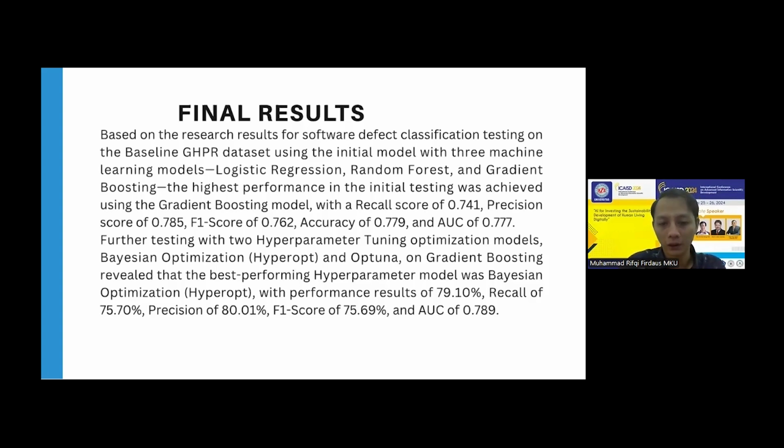Further testing with two hyperparameter tuning optimization models, Bayesian Optimization or Hyperopt and Optuna, on gradient boosting revealed that the best performing hyperparameter model was Bayesian Optimization or Hyperopt, with performance results of 79.10% for the accuracy score, recall of 79.70%, precision of 80.1%, F1 score of 75.69%, and AUC of 78.9%.